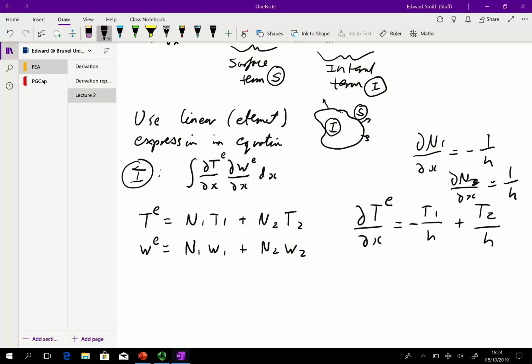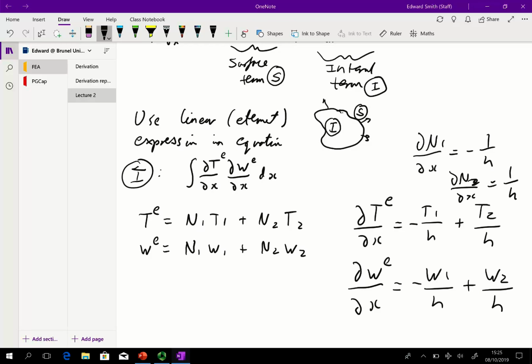So this is just a consequence of using linear shape functions. The gradients of those are just 1 over h. And similarly, we did the same expression for the weighting function. dW/dx is equal to W1 over h plus W2 over h.